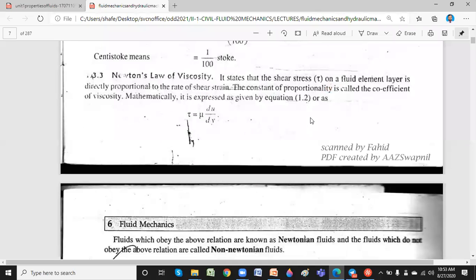Now see here, if you have a fluid which obeys Newton's law, it obviously has the property of viscosity. Suppose it doesn't obey Newton's law, then it doesn't have any viscosity. So that's the meaning of Newton's law of viscosity. Okay, so tau equal to mu du by dy. You just remember this is called Newton's law of viscosity.